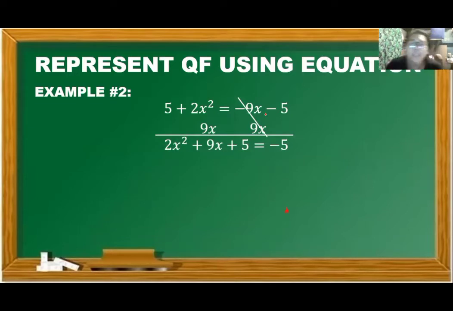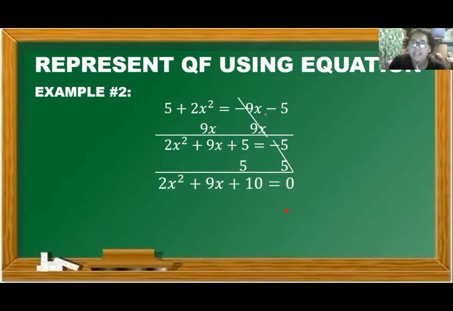As you can see here, we still have negative 5 at the right side, so we need to make it 0. To do that, we are going to apply addition property of equality by adding positive 5 both sides, like this. When we add positive 5 both sides, the right side will cancel out, and now we combine the like terms, which is 5 and 5.